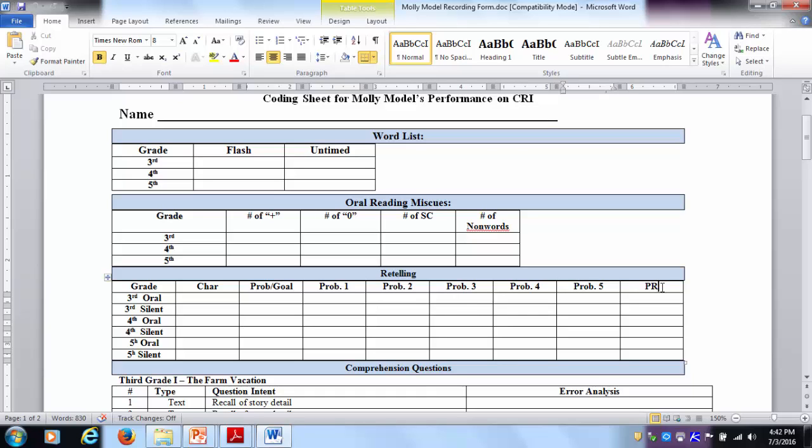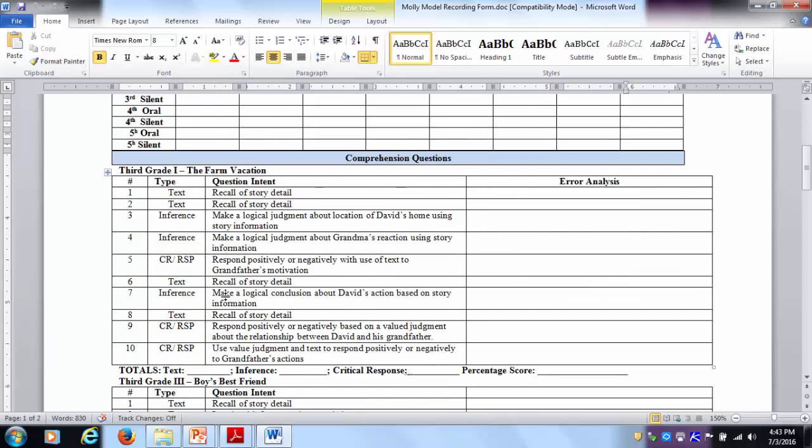And then finally, a personal response, which we really mean a critique. So you will transcribe the scores you give for the retelling of all 6 of the passages. 3rd oral, 3rd silent, and so forth.